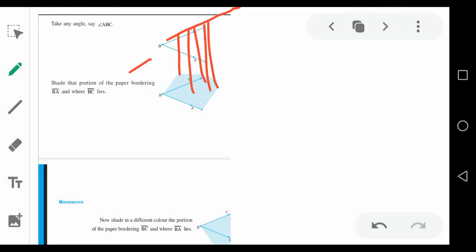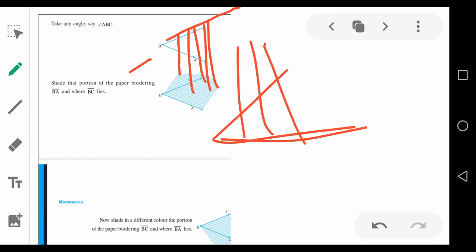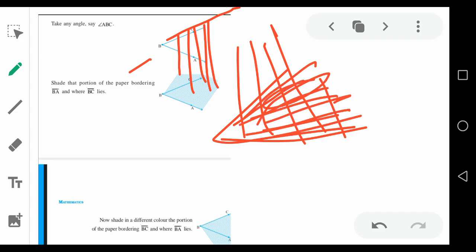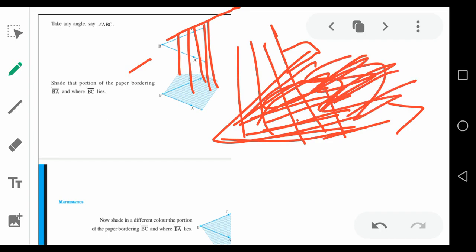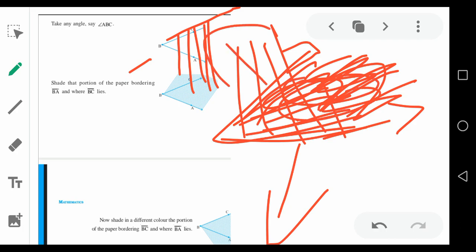Then the other side, this ray also, this side also you should shade like this. Then this common part is there now. This is the interior. This interior won't be restricted here because this ray is continuously going, right? It's not ending. So the interior also will extend like this. This part all should be interior. So this part is exterior. This part is exterior and this is the interior of an angle. So interior and exterior of an angle.